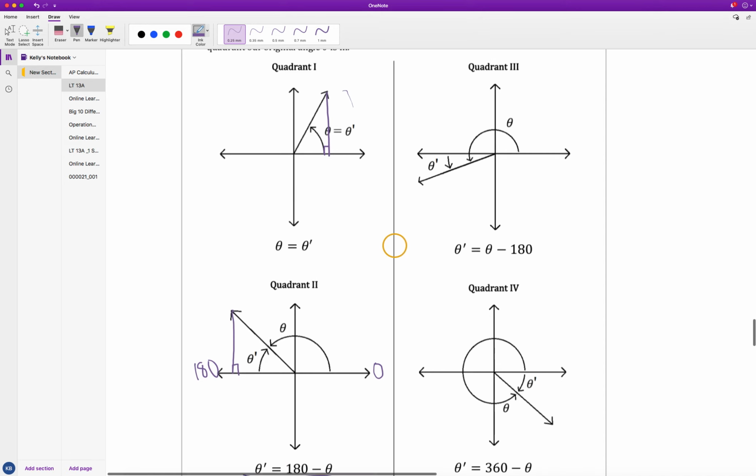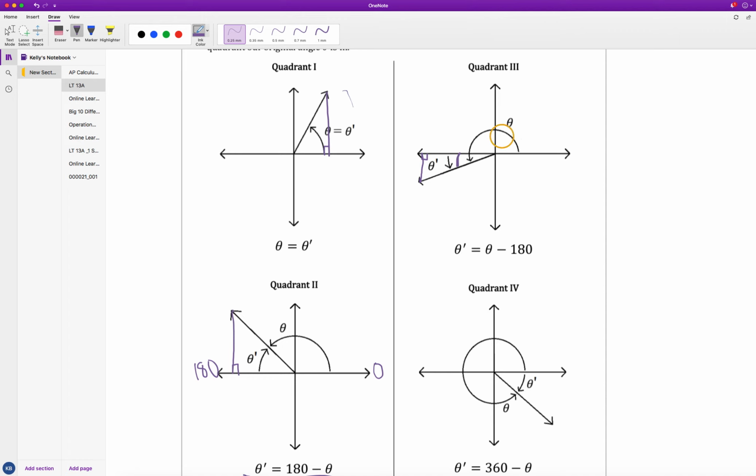Now in quadrant 3 and in quadrant 4, we're going to get something similar. In quadrant 3, if I have an angle all the way over here in the third quadrant, for me to get my right triangle here, remember I go back to the x-axis to get that right angle. So my reference angle is going to be the angle that's inside this triangle, which is this theta prime value.